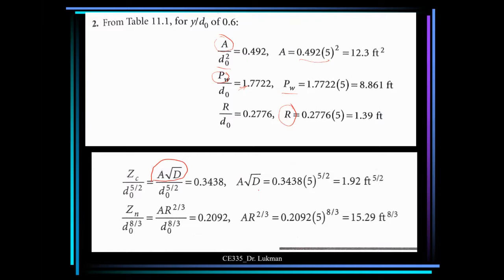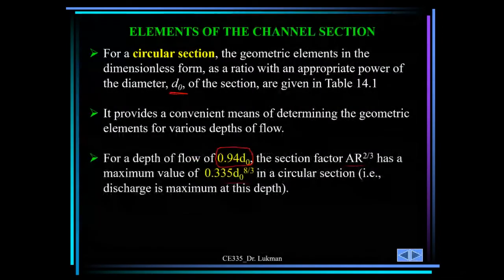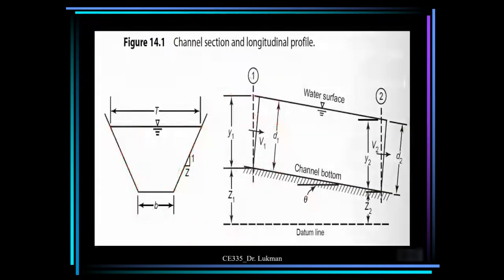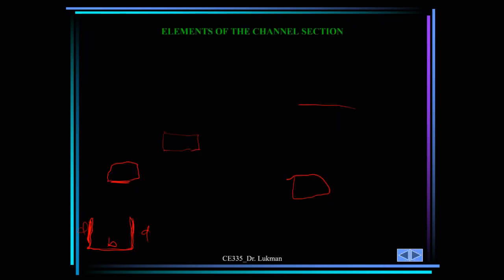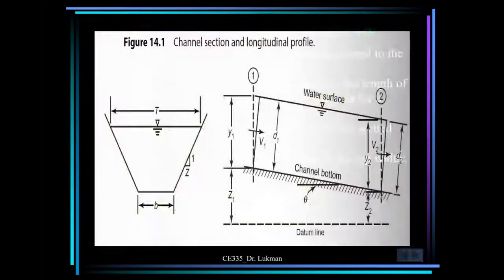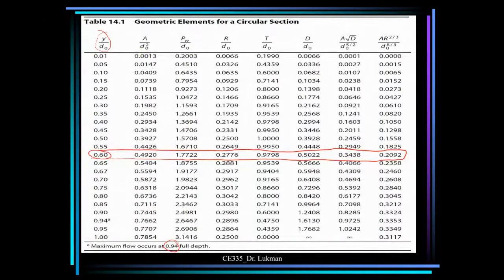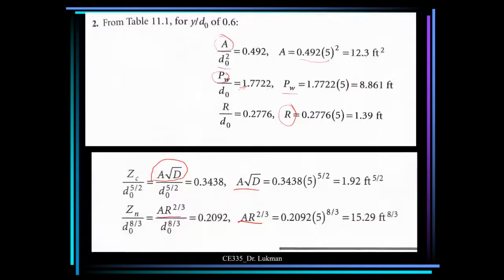Okay, this is the section factor for critical flow, and this is the section factor for uniform or normal flow. Section factor for uniform flow.